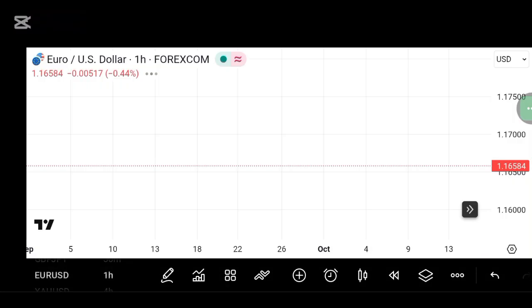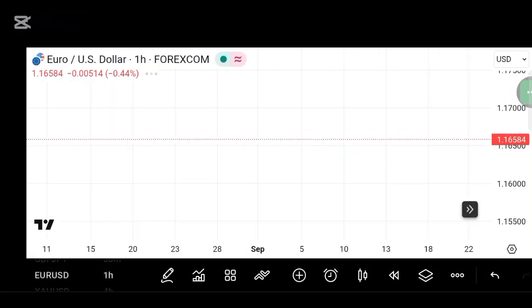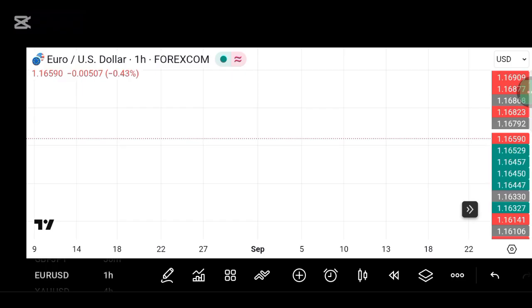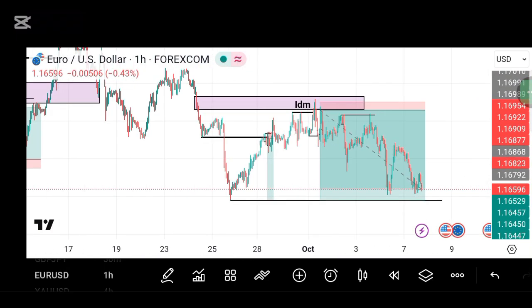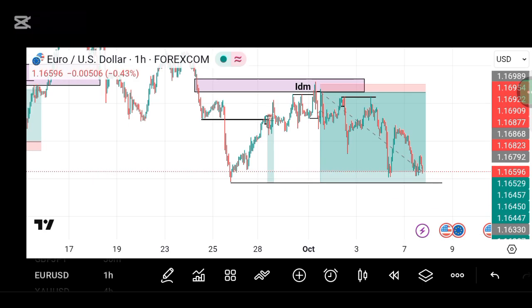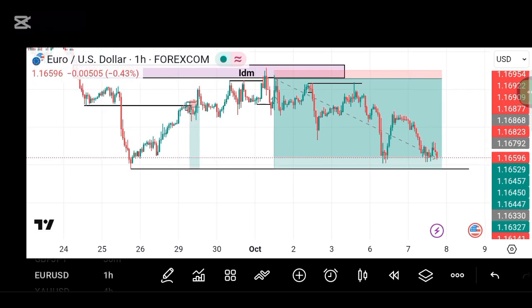So price is doing well on this other side of the market where I did the analysis. This is me showing you how price gave three good entry models, or three opportunities. This is where I had my first target, but we also have the overall monthly target.